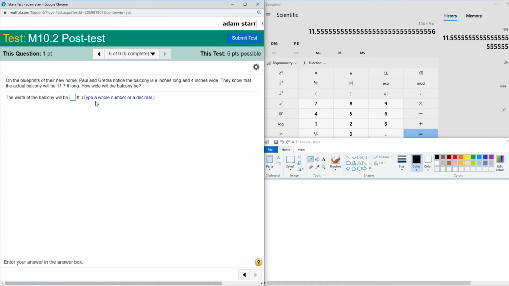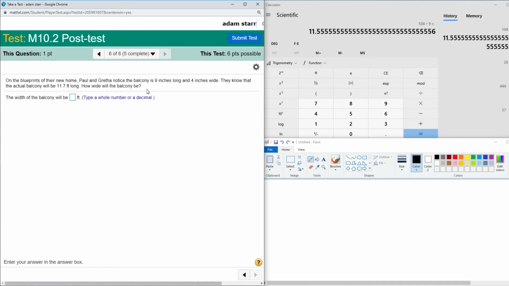Okay, and then we have on the blueprints of their new home, Paul and Greta notice the balcony is 9 inches long and 4 inches wide. So this is the blueprint. They know that the actual balcony will be 11.7 feet long. How wide will the balcony be?